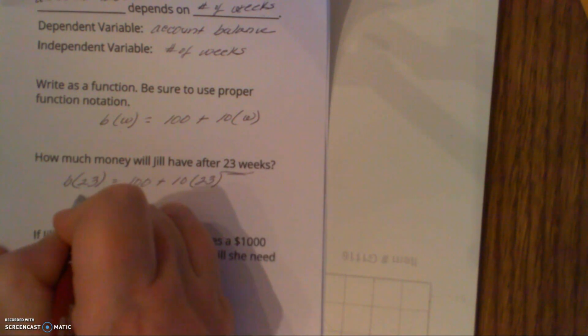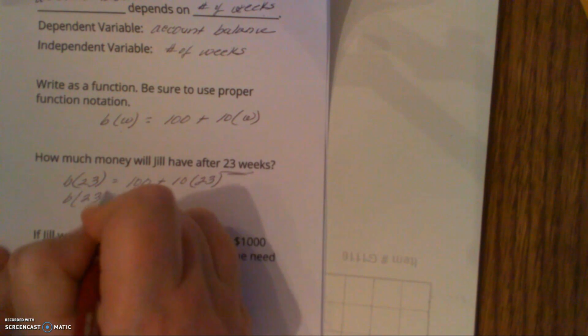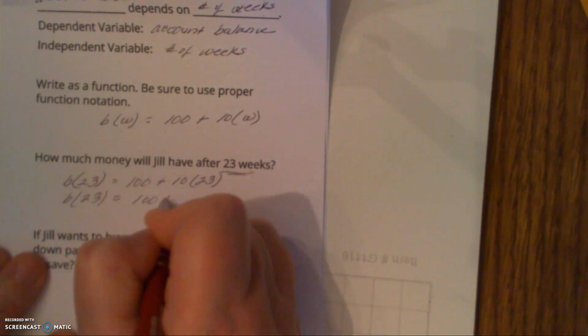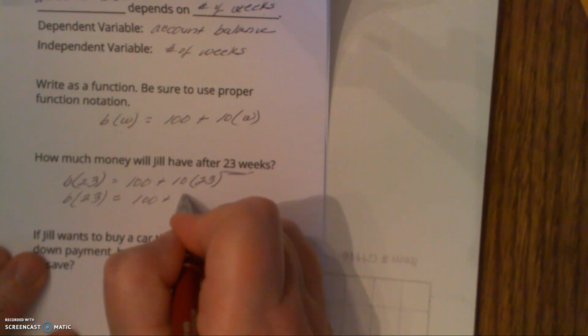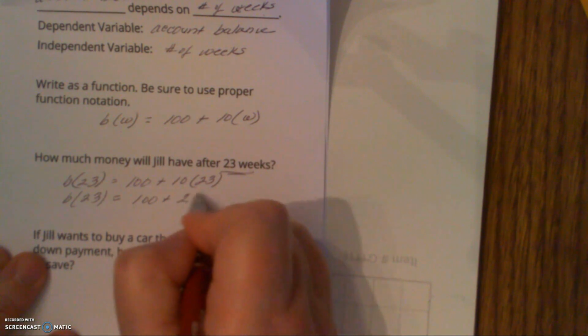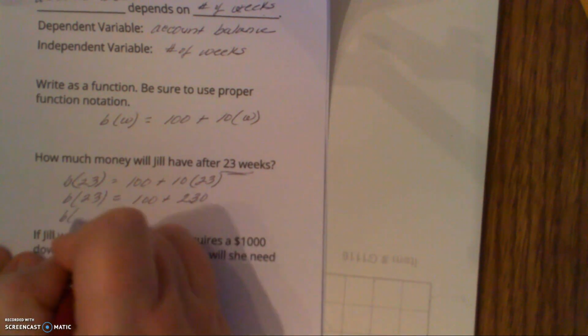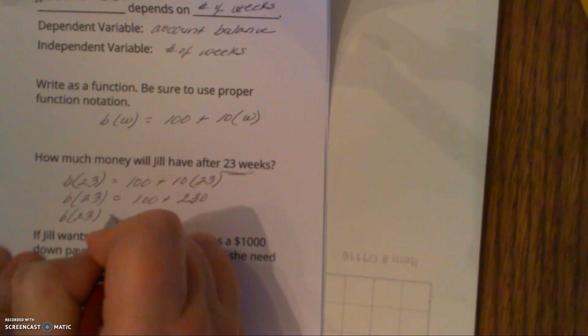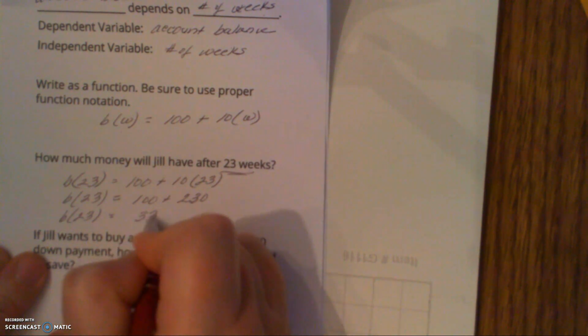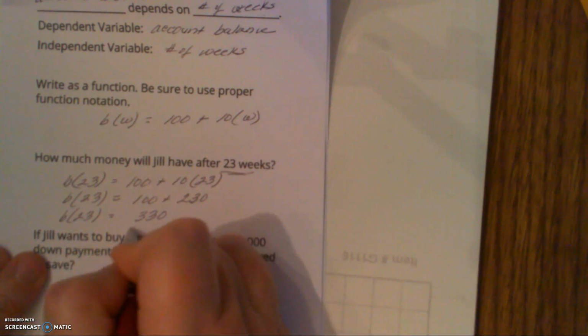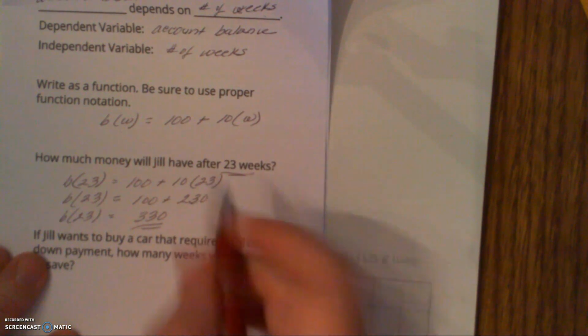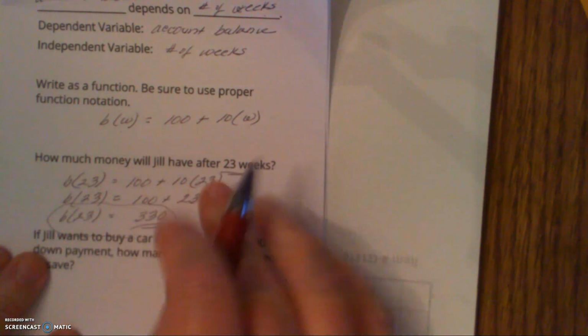So B of 23 equals 100 plus 10 times 23. 10 times 23 is 230, and so the total would be 330. So now we have the numerical answer.